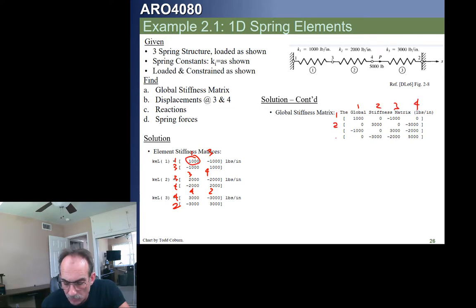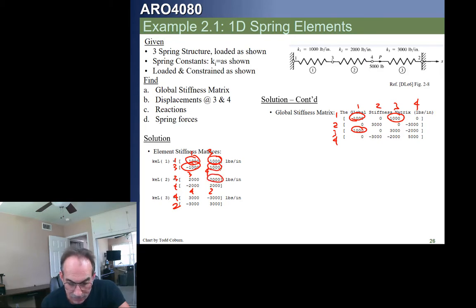Okay, from 1 to 1, that's the only term, okay? At 1, 3, this is the only term. And at 3, 1, this is the only term. At 3, 4, we see we've got this term and this term.